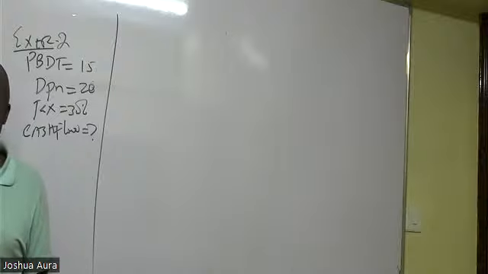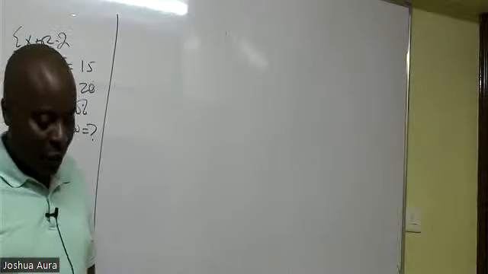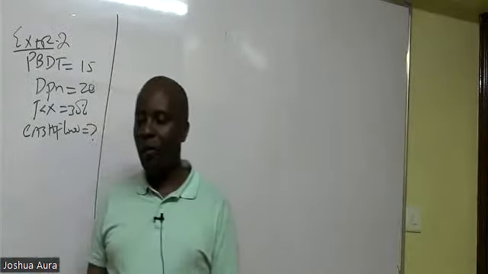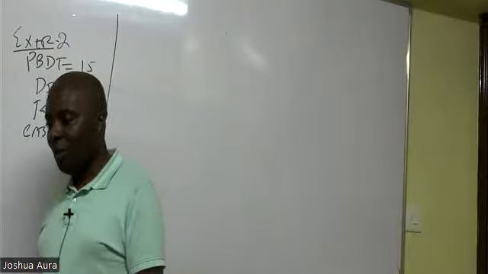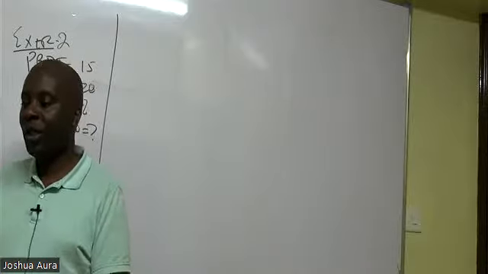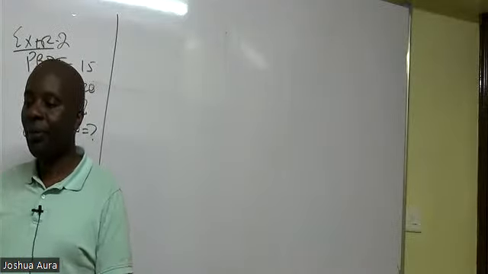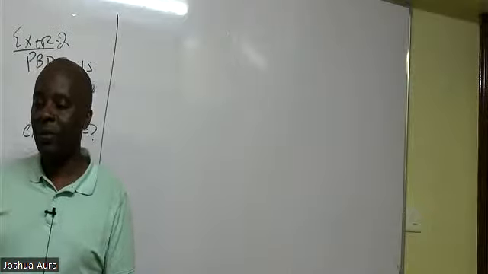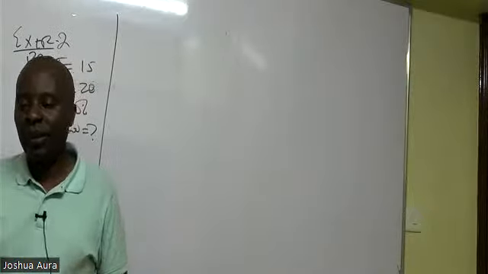I want to know whether there is anybody who has made use of method 1 and gotten that 16.5. Do we have anybody? Tobias Obuago, 16.5. Thank you so much. 16.5. Great.